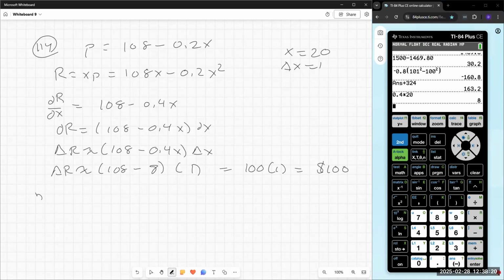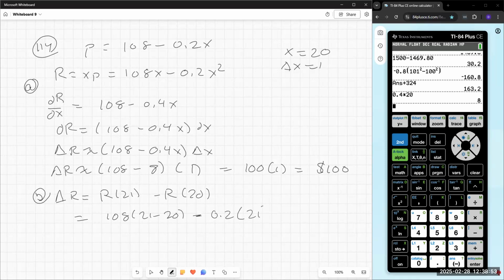And compare this to actual delta R, which is R of 21 minus R of 20, will be 108 times 21 minus 20 minus 0.2 times 21 squared minus 20 squared.